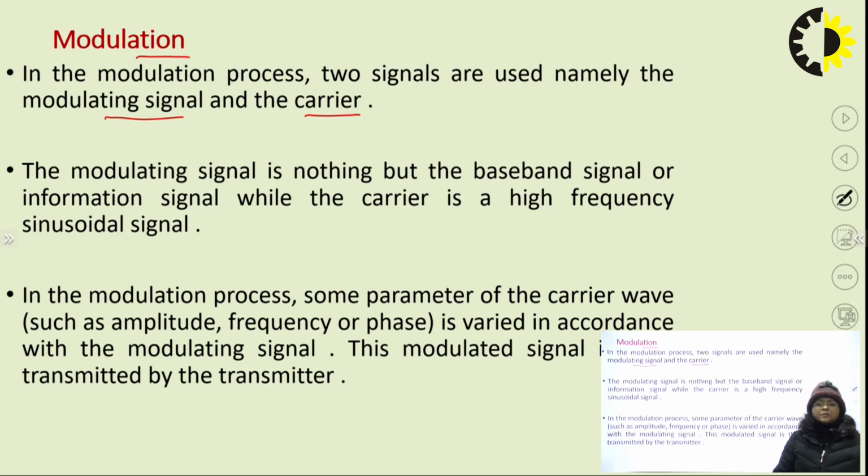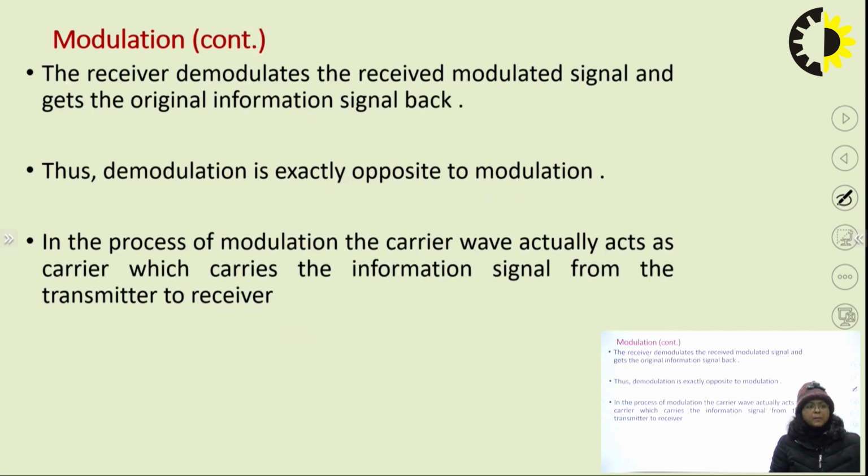Modulation is basically to superimpose the low frequency message signal on the high frequency carrier signal. In modulation, some parameters of the carrier wave, that is amplitude, frequency or phase, are varied in accordance with the message signal, which is then transmitted by the transmitter.